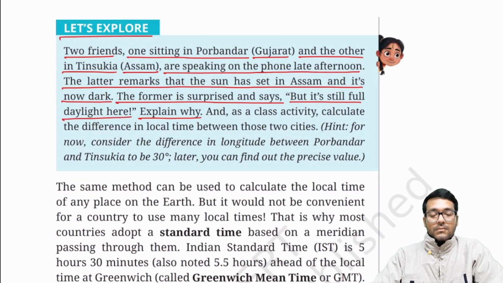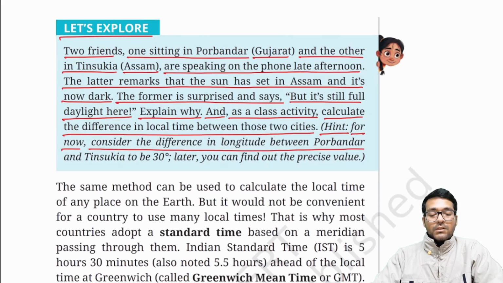Explain why." And as a class activity, calculate the difference in local time between those two cities. Hint: for now, consider the difference in longitude between Porbandar and Tinsukia to be 30 degree. Later, you can find out the precise value.